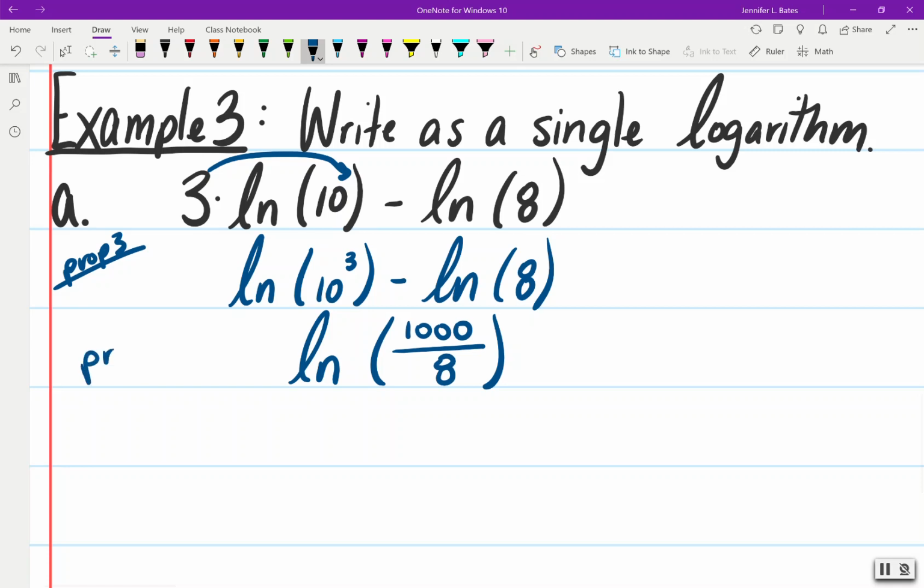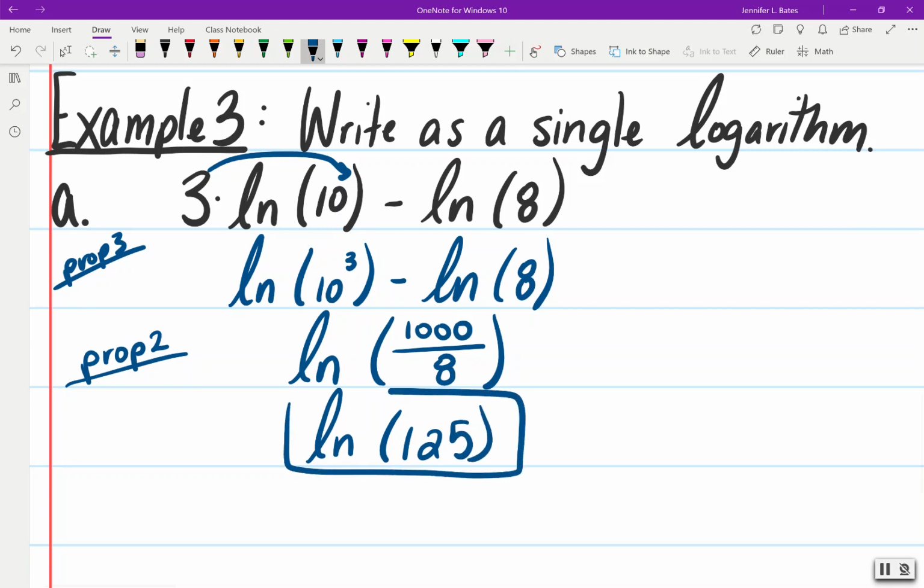So this was property 2. And then let's go ahead, since we have a calculator, divide 1,000 by 8. And what do we come up with? 125. Very good. So now we've condensed this and written it as 1 log.